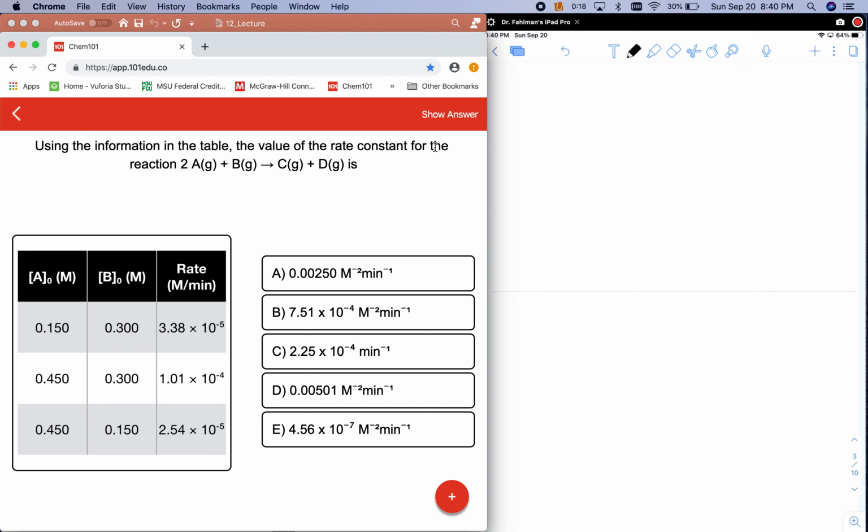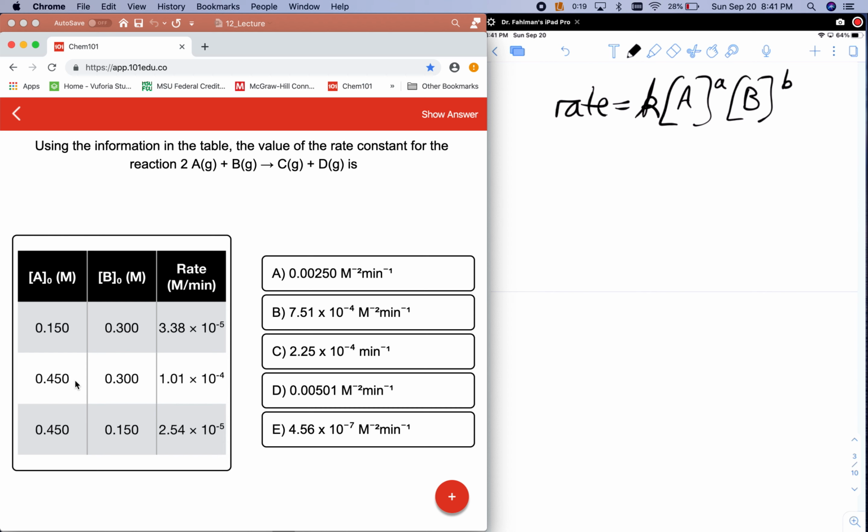For us to do that, we first need to figure out what the rate law itself is. The rate law is going to be some constant, and then our reactants are A and B. We have to figure out what those exponents are, so let's compare experiments 1 and 2 first. B is held constant, and then you look at what this is doing.